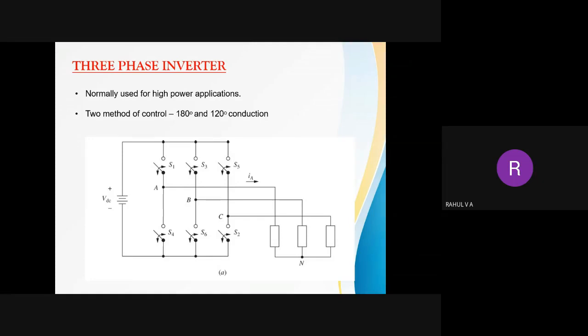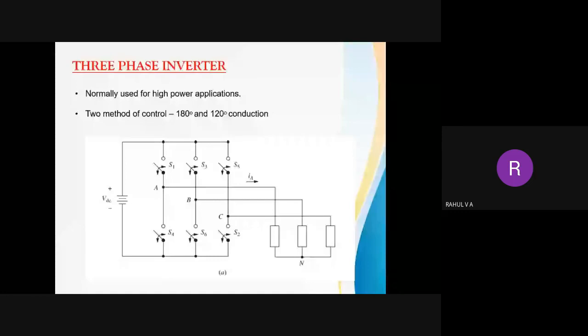If we are using a full bridge converter, for one particular bridge we need 4 switches, and for 3 such inverters we need 12 switches. And then later we discussed a circuit like this, where we need only 6 switches for controlling this DC to AC conversion.